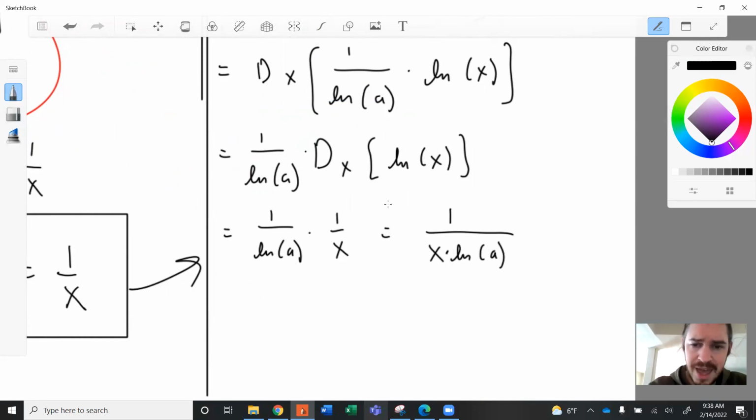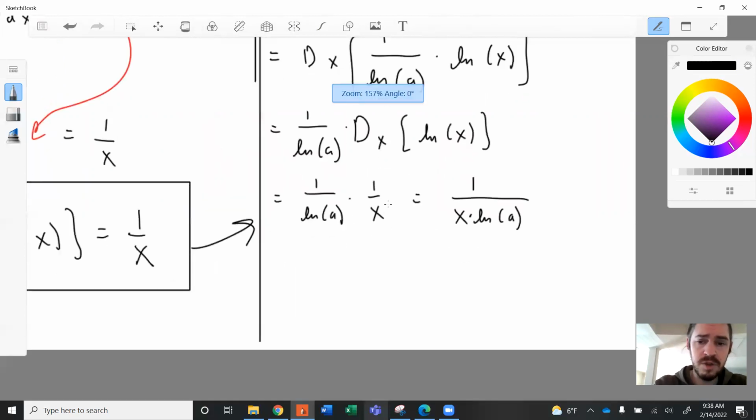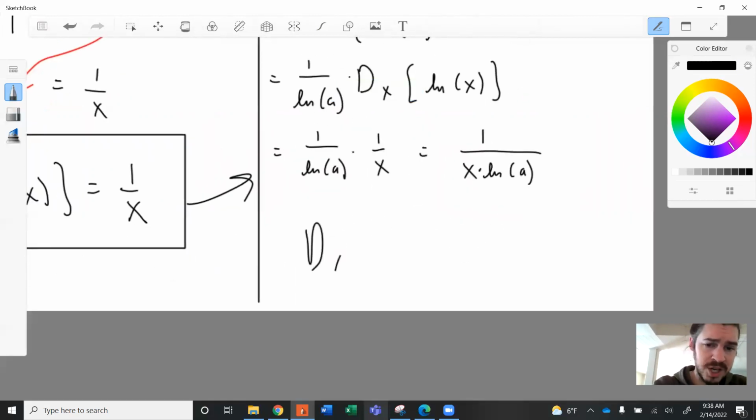I just like to write it with x first. That's the way it's often shown. That way there's no confusion about x actually being inside the logarithm. It's not. It's multiplied on the outside of the logarithm. So now we can write our last differentiation rule for the day, which looks like this.